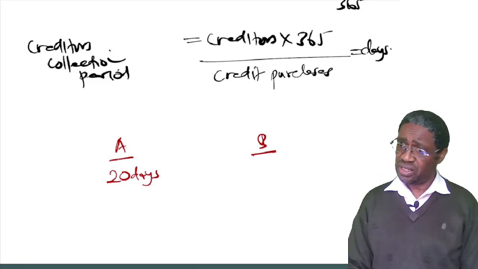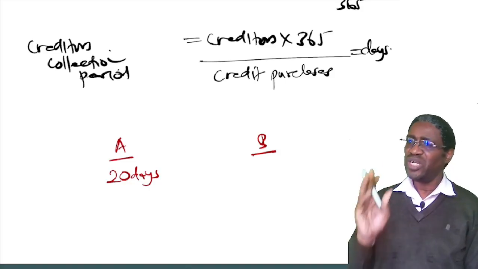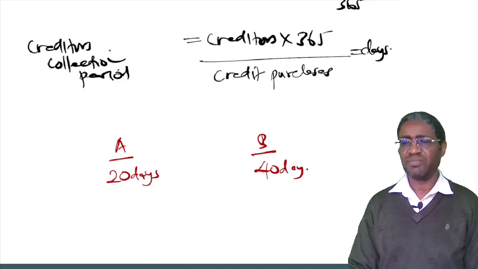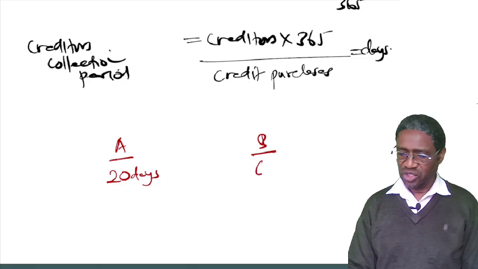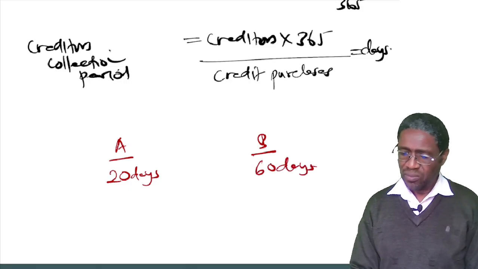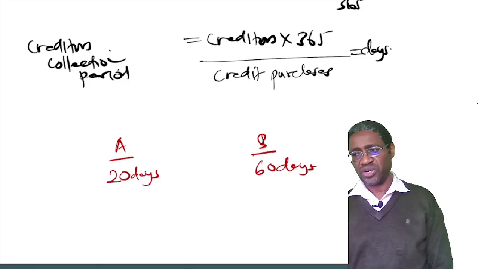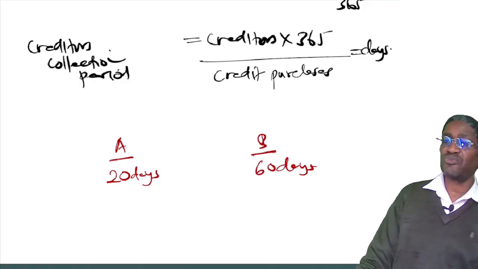Company B says they will give you 40 days, or let's say 60 days, to pay them. Where will you buy your goods on credit?